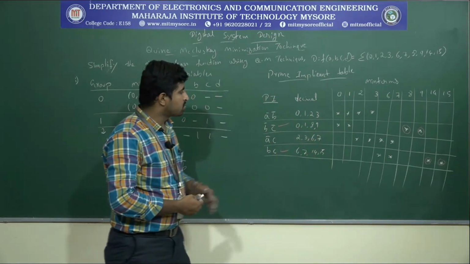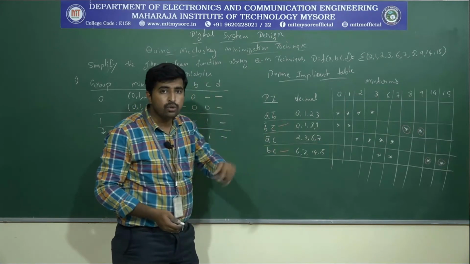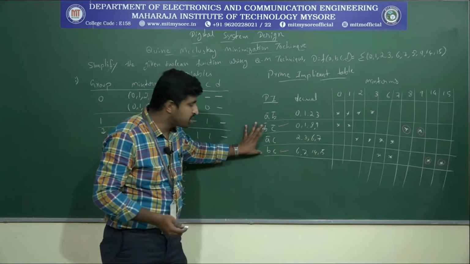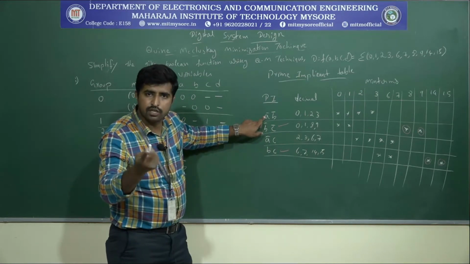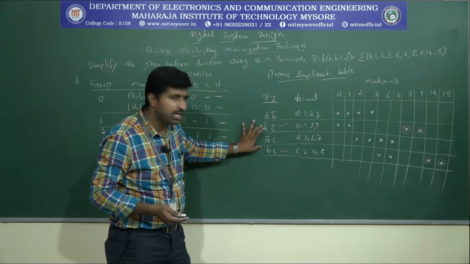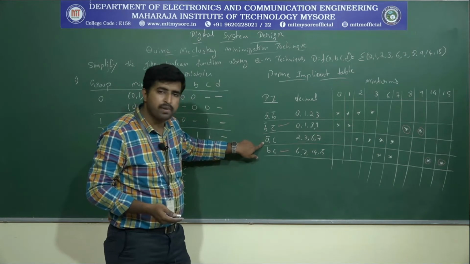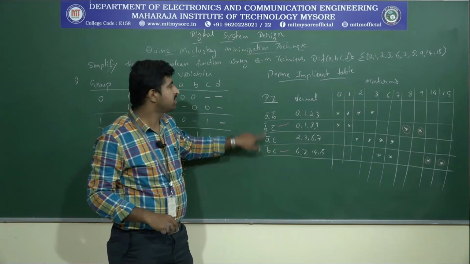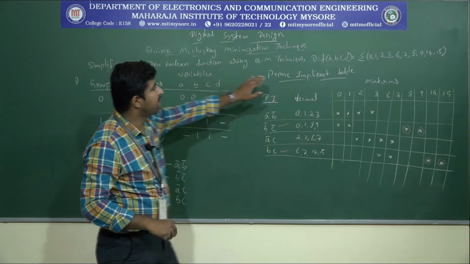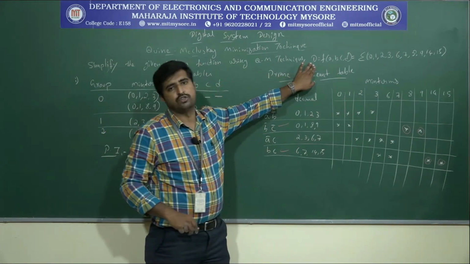So the equation has two solutions. These two essential prime implicants with this prime implicant are one solution, and these two essential prime implicants with the other prime implicant lead to another solution. So this function D has two solutions.